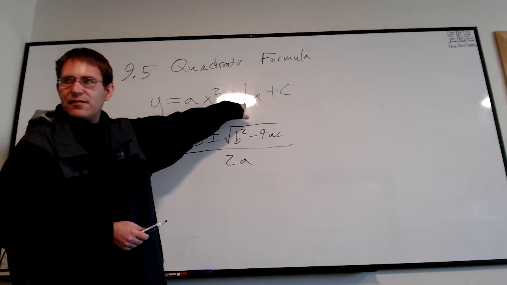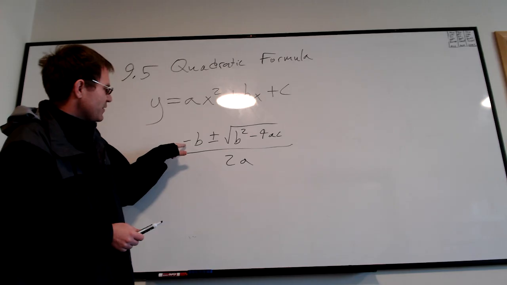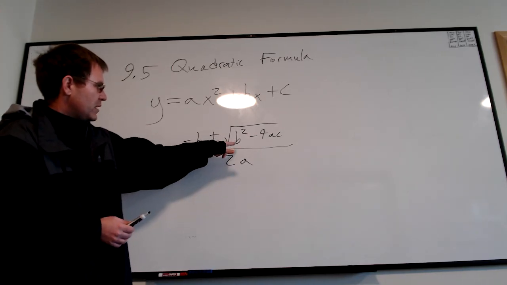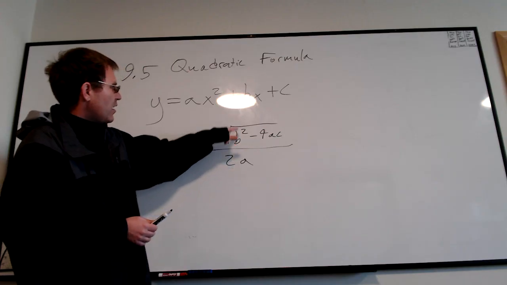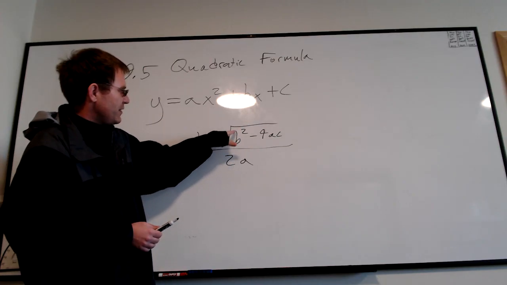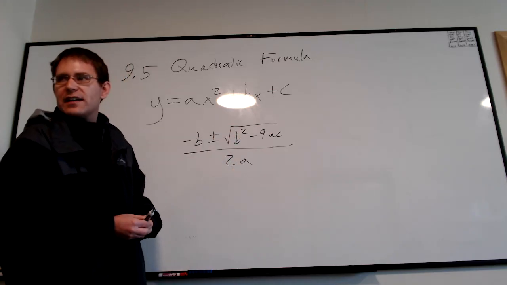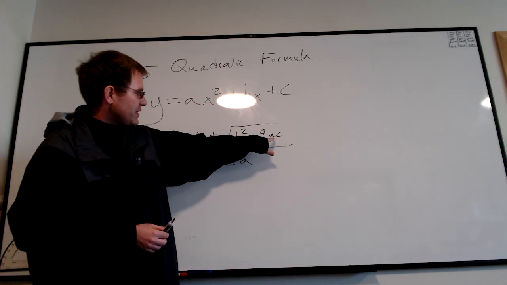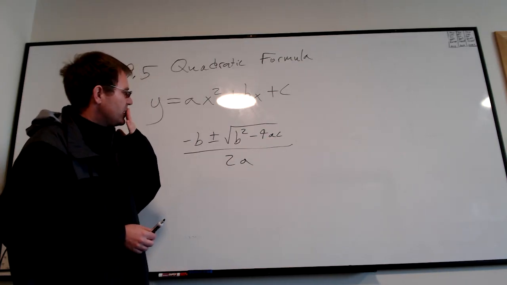So if this was a negative b, then it would be effectively a positive b here. But then inside the, in here? Yeah. For this, your b is squared, so this is always going to be positive. Oh yeah, because it's squared. Right. But this here could be positive or negative, I believe.